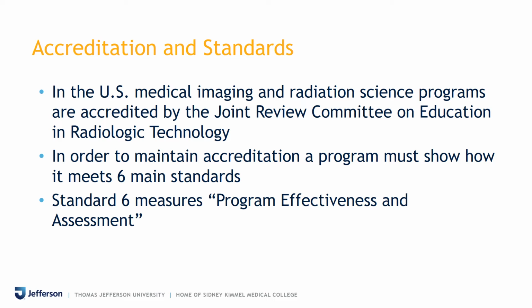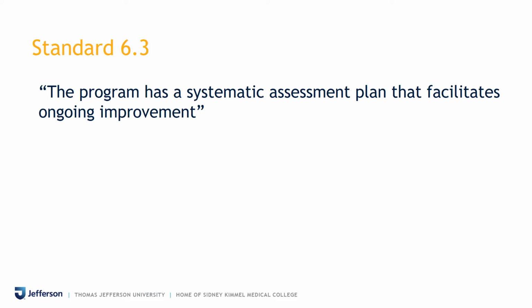In order for a program to maintain accreditation, they have to show that the program meets 6 major standards. We're going to talk about standard 6 today, which measures program effectiveness and assessment. Specifically, standard 6.3, which says that the program has a systematic assessment plan that facilitates ongoing improvement.